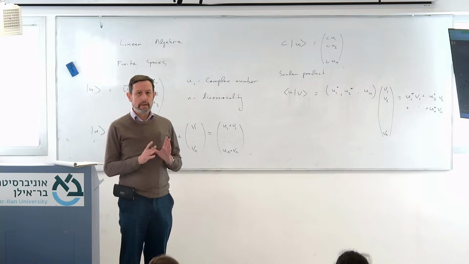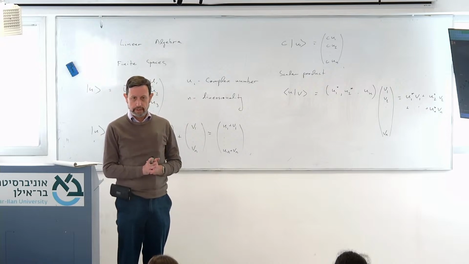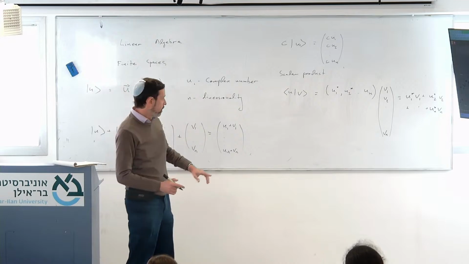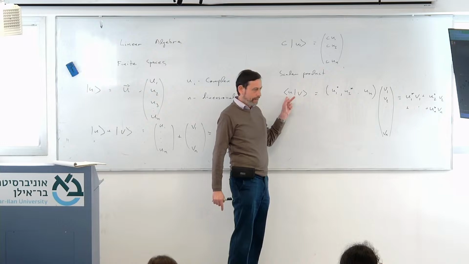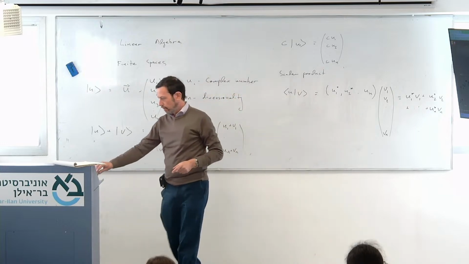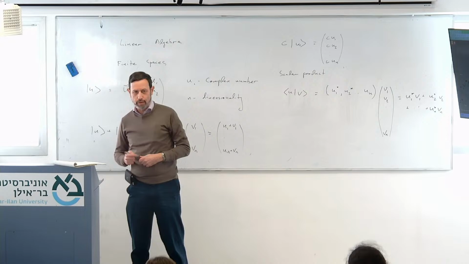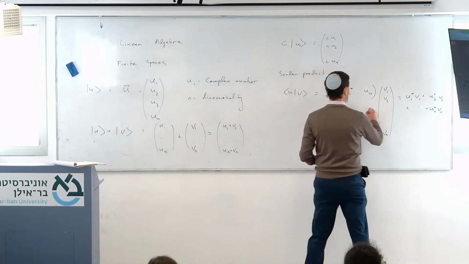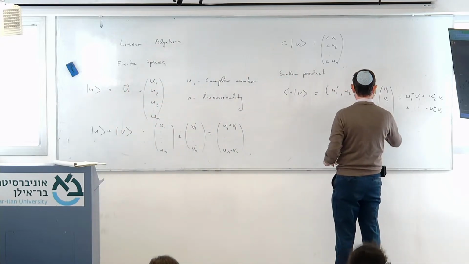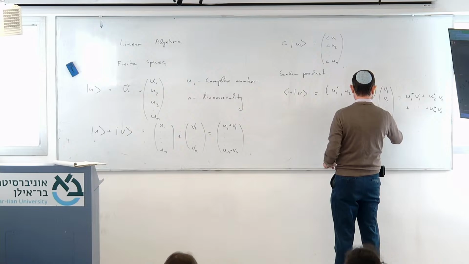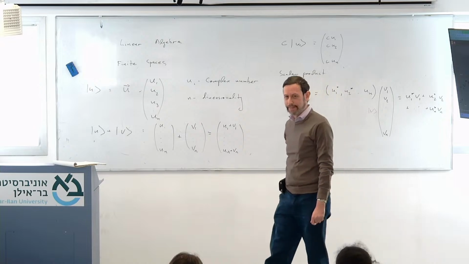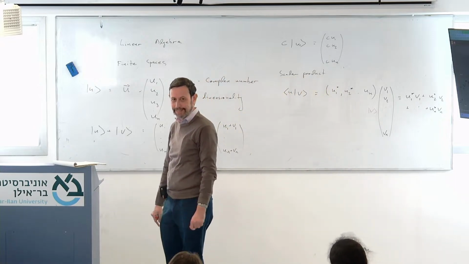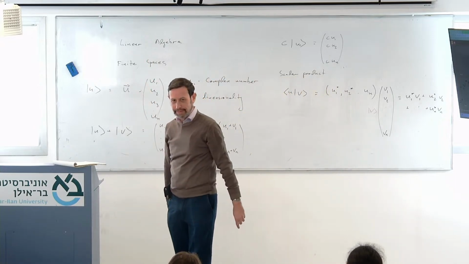Okay, what is important to note here is that since we're dealing with complex numbers, when I write a vector, and just generally from here on, if I'm writing the vector with the ket symbol to the right, it's a column.